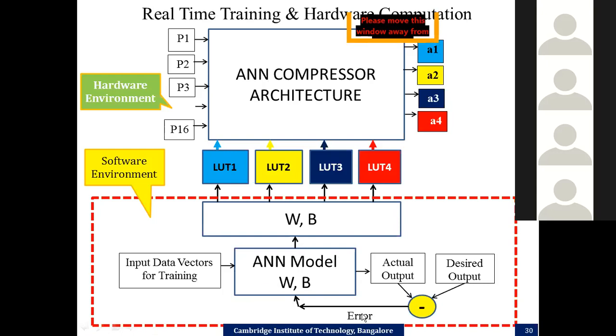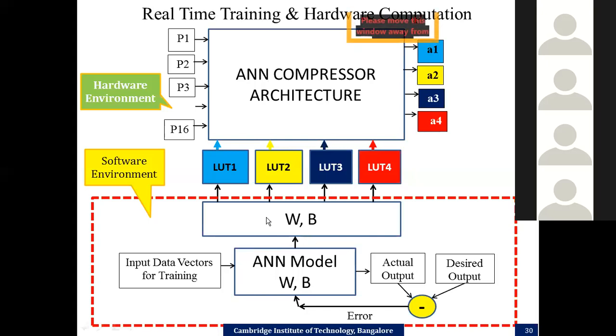Once your error is within the permissible limits, yes, you are satisfied with the error. Now I'm comfortable that training has been achieved. You now know that the network has been trained and the trainable parameters like weights and biases have been identified. So you have computed the weights and biases which are optimum to meet the required output.